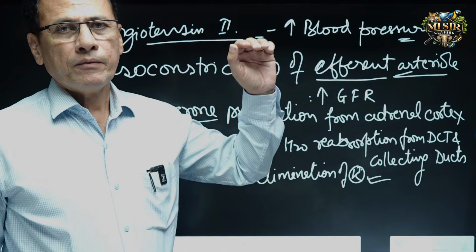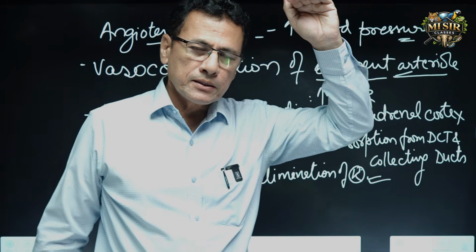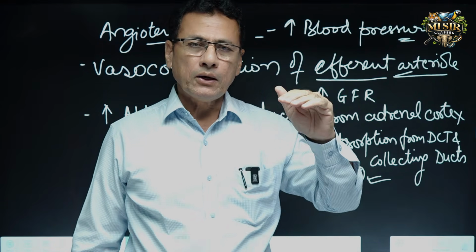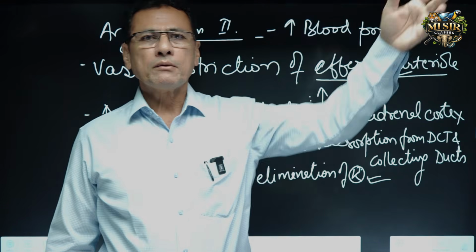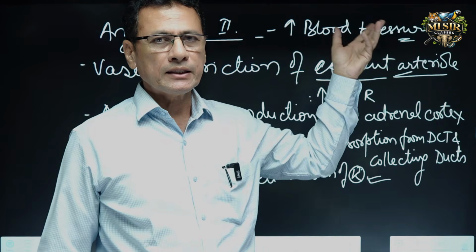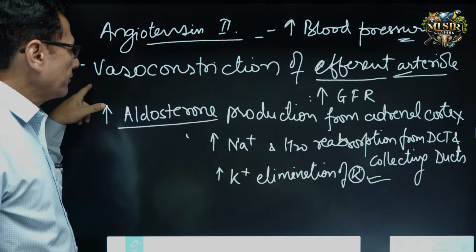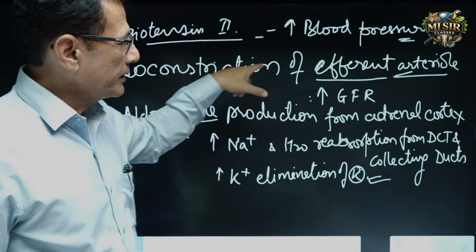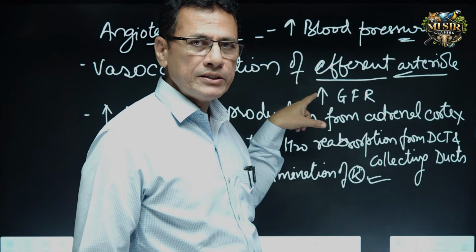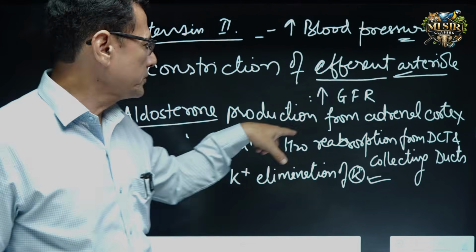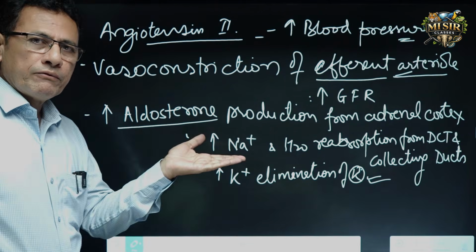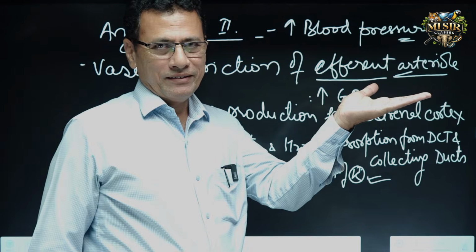Increase means the blood pressure which was lower at that time has now risen up to the normal levels. It does not mean it causes hypertension over here. Second, the vasoconstrictor effect on the efferent arteriole increases the GFR, which was reduced. Again, the GFR has come to the normal level.